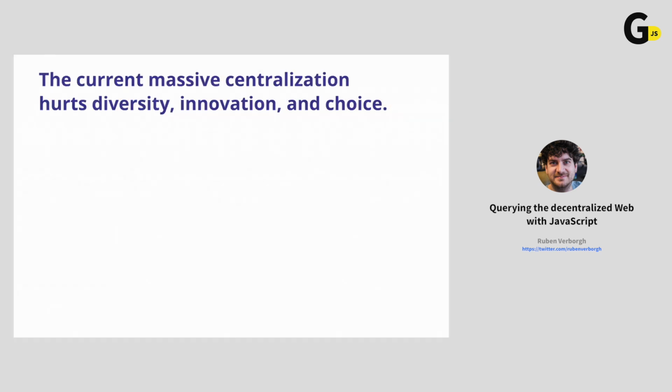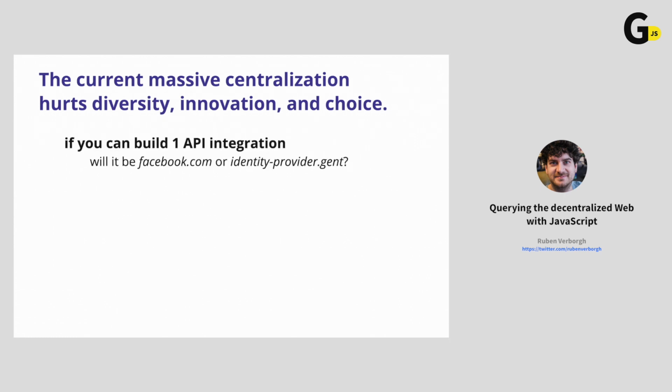And this centralization hurts diversity, it hurts innovation, it hurts the choice that we have online. And let's be honest, if we have a budget to build one integration, will we integrate with Facebook.com or will we integrate with some local company who also has a very privacy-friendly solution? We will choose Facebook, obviously.